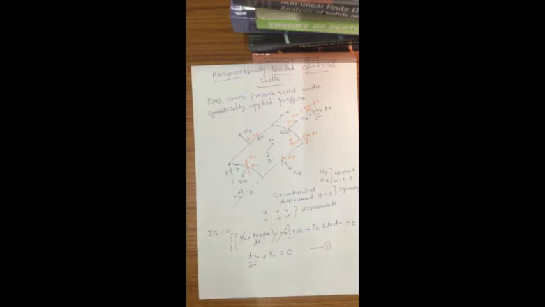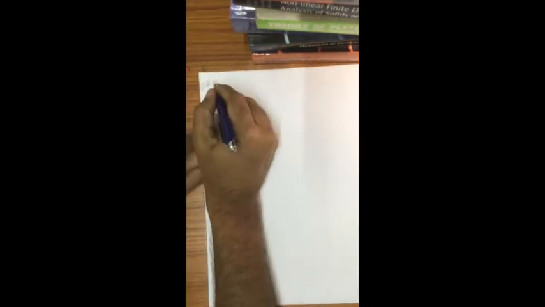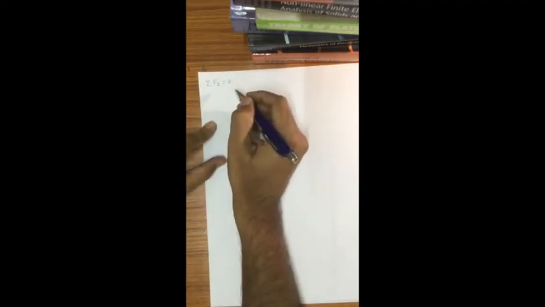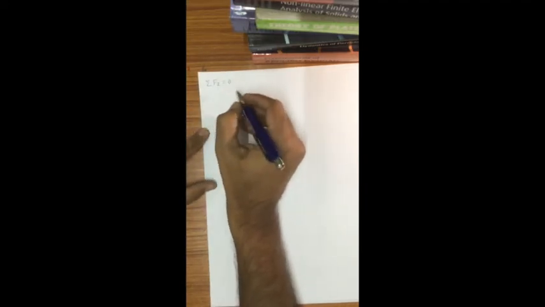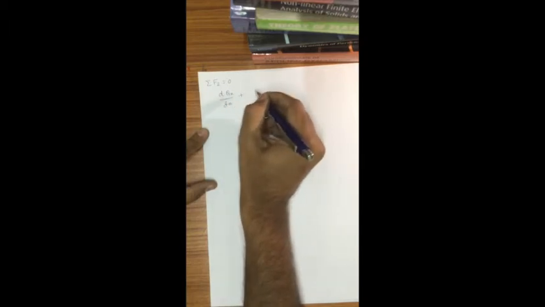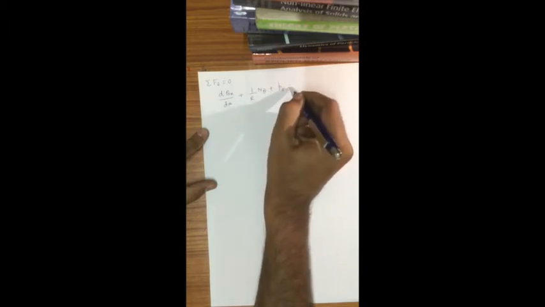Next we can also write the equation of equilibrium along the z direction. Sigma fz equal to 0 will give me the equation dqx by dx plus 1 by r n theta plus pr equal to 0.